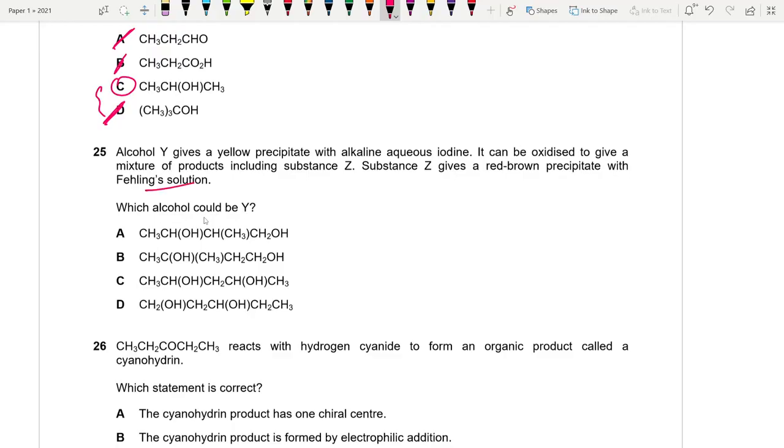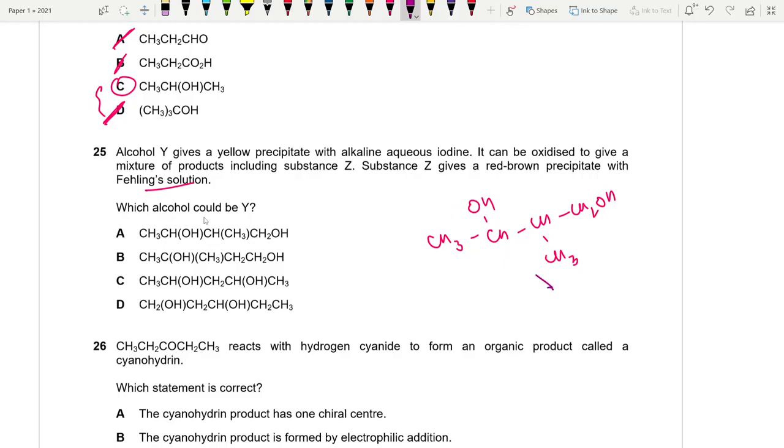Okay, so let's look at the first criteria. We want it to be a secondary alcohol with a methyl group as a side chain. CH3, CHOH. Okay, this looks good. CH3, CH2OH. This looks fine actually because it has this group which can be converted to the methyl ketone.